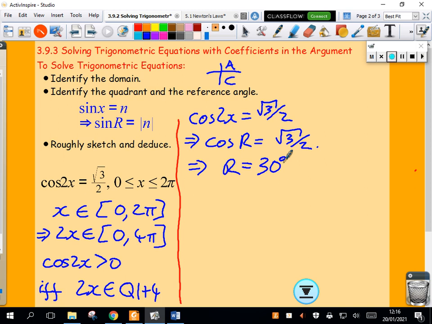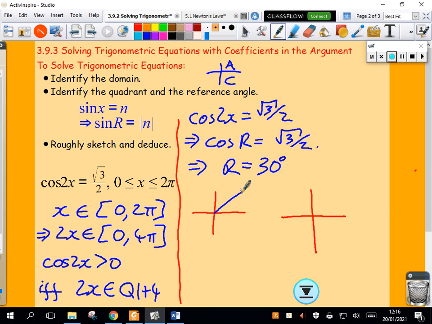Now I'm ready to draw. So I'm going to sketch my curves. 2x, well, 2x, that's two full circles. And so I'm going to look first of all at my reference angle and my quadrant. I'm in quadrant 1 and 4, reference angle 30 degrees.